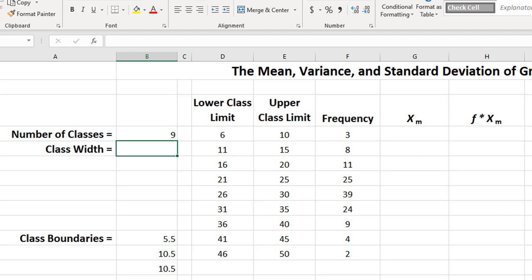It's just a subtraction thing. So we'll just type in equals. We'll click on the cell that contains that lower class limit for the second class, which happens to be 11, minus the one that comes before it. And I'll press enter. It automatically calculated that as 5.